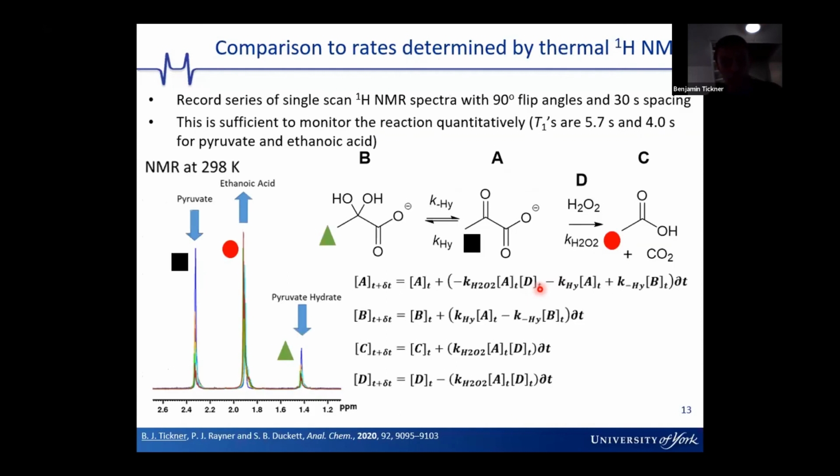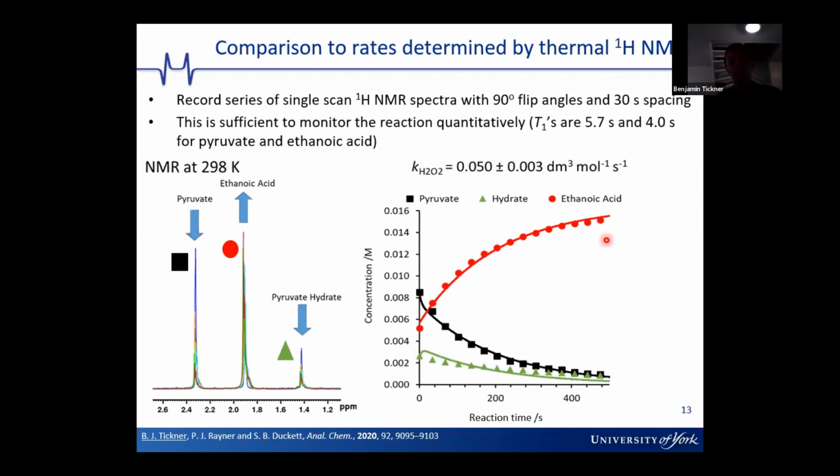Just to confirm that the kinetic rate constant that we're getting from these SABRE hyperpolarized measurements is real, we also monitored this reaction by thermal NMR, which you can do using proton signals for these CH3 groups. I don't have much time, so I won't go into this in any great detail, but I just want to say that your kinetic fitting is much simpler here because you don't have to account for relaxation or radio frequency excitation, and the rate constant that we get is consistent with that from SABRE data.